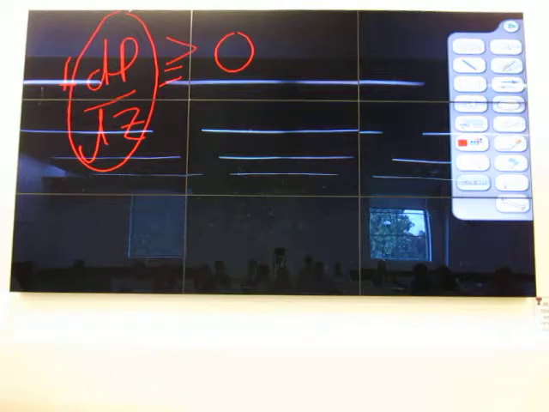For explicit Euler, we use the slope at the current point to calculate the next point. The slope at the current point is something like this, right? So we extrapolate and then we stop at the next point.